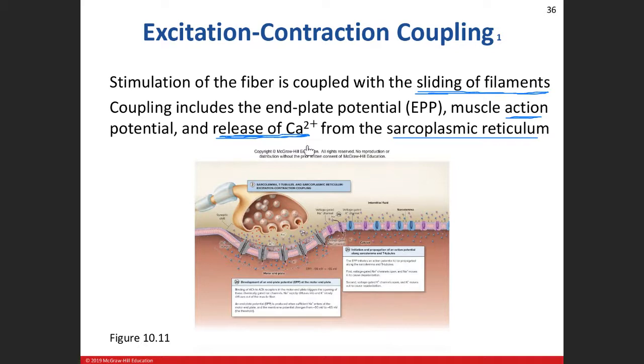In our muscle, the end plate potential is negative 90. We need to reach negative 65 millivolts to initiate an action potential. Excuse me, a muscular action potential. Let me be specific on that.